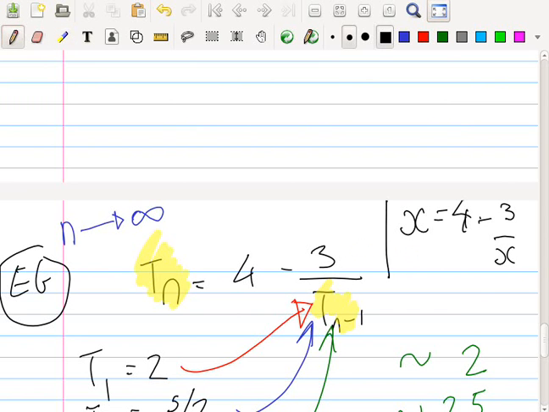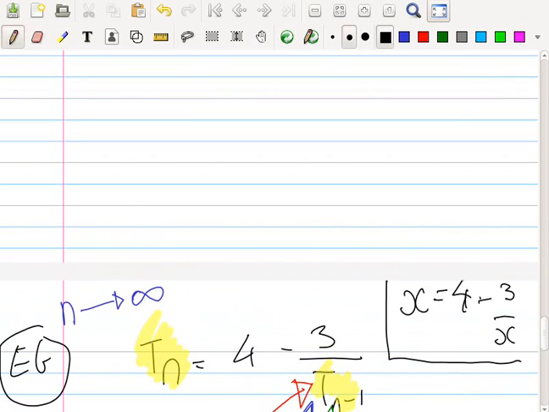Anybody got any ideas on how I could solve this? How can we find x? What should we do first? The first thing we should do is times x.